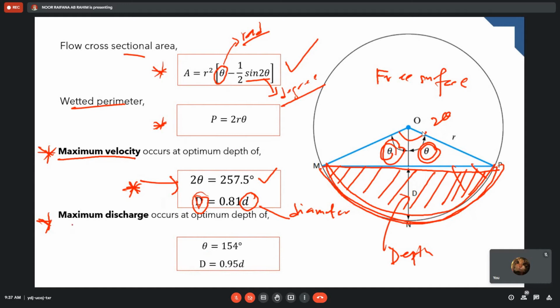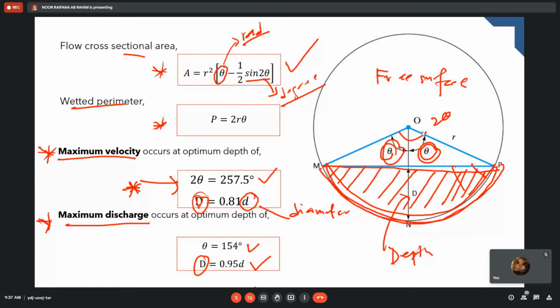And then to get the maximum discharge, theta must be 154 degree. Sorry. And D, the depth of water must be 0.95 d.